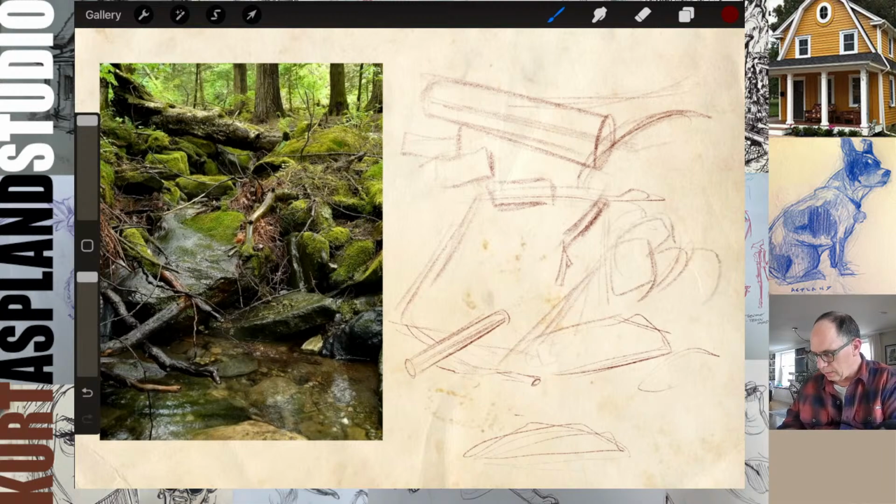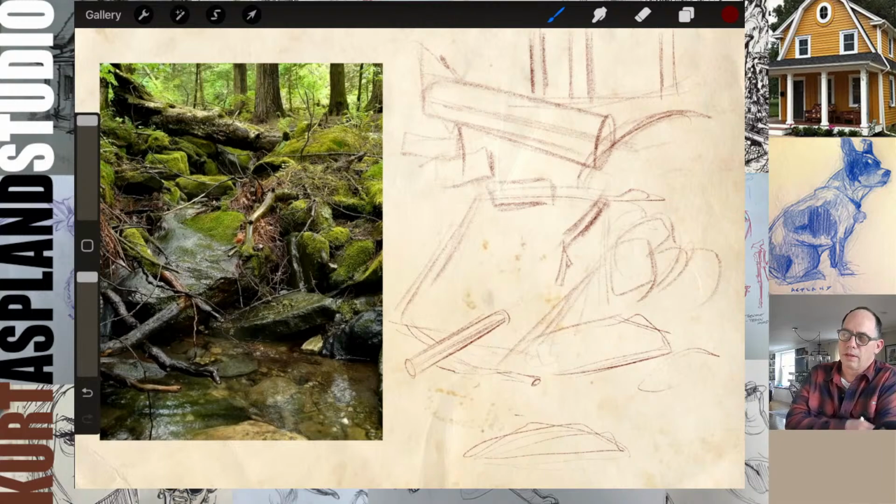And then in the distance, we've got some big old trees. Space them out so we have some interest there. So this is how I would start a nice drawing like this, where I'm going to start thinking of volume.